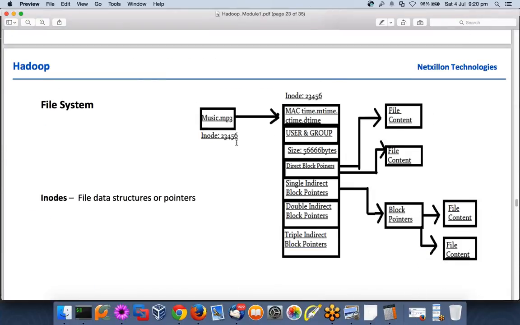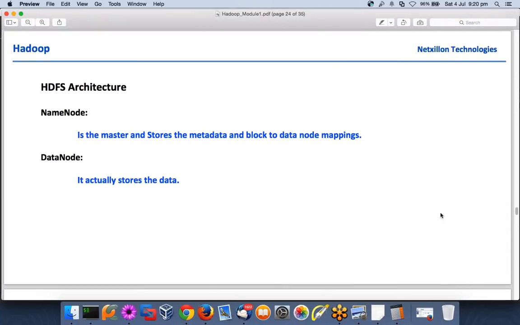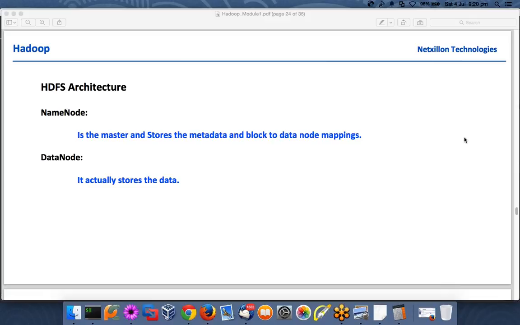But in Hadoop, this differs a little bit. Instead of having data and metadata both on the same node on the same disk, we have given a separate node to the metadata. It stores the entire metadata on one node, and your actual data goes on some other nodes.